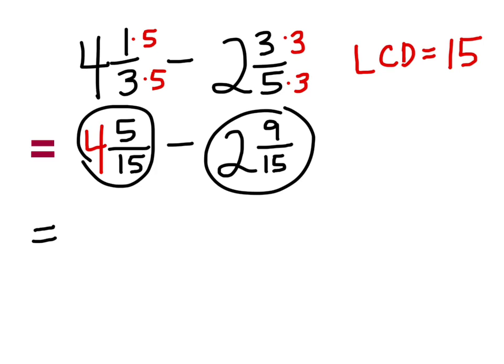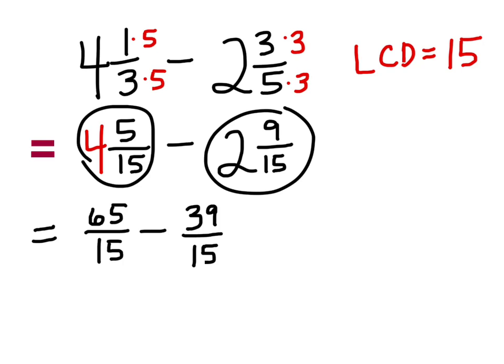So I'm going to do 4 times 15, add it to the top. 4 times 15 is 60, plus 5 gives me 65/15. And then I'm going to do 2 times 15, and then add that sum to the 9, because there's 2 wholes that have 15 pieces each, which makes that 30. And then 30 plus the 9 makes 39/15.